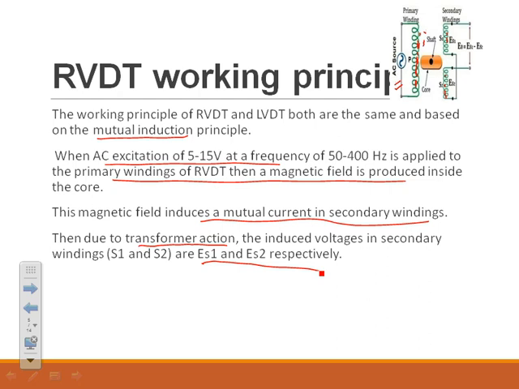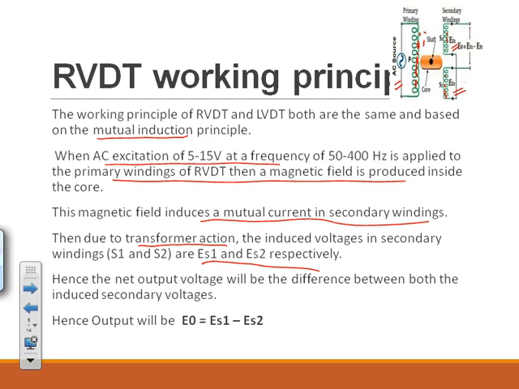Due to the special connection of the secondary windings, these two voltages are equal and opposite in phase. So this is the working principle of RVDT.